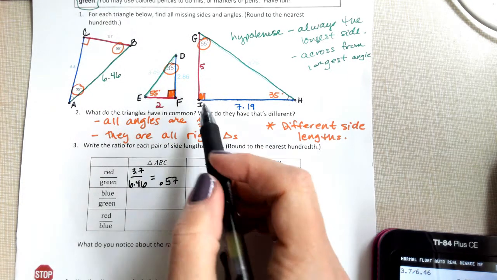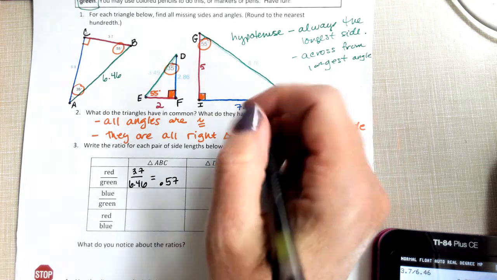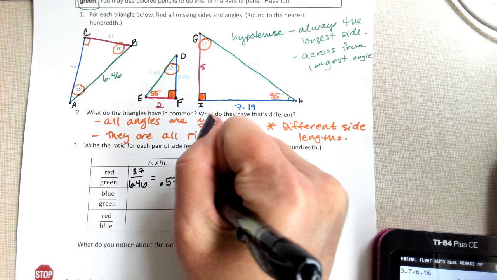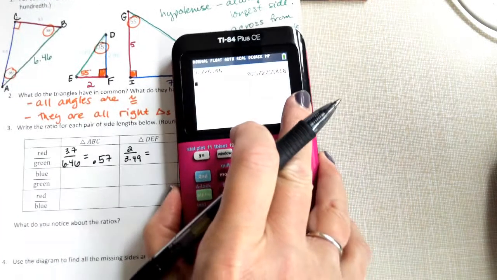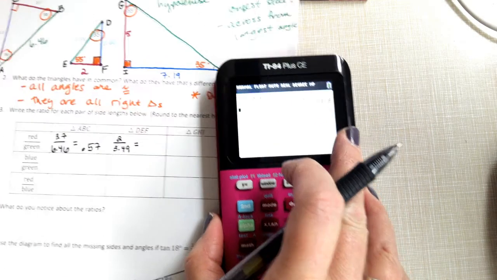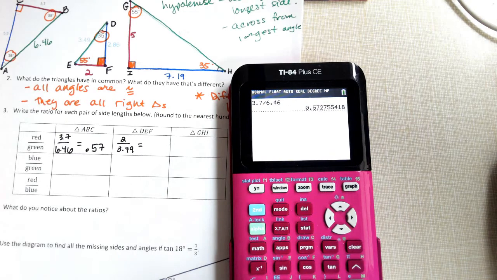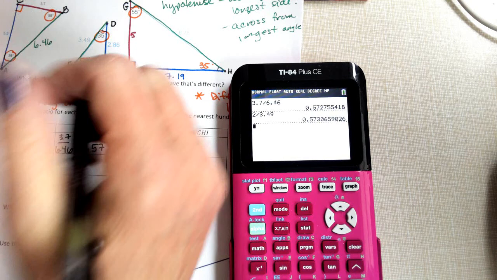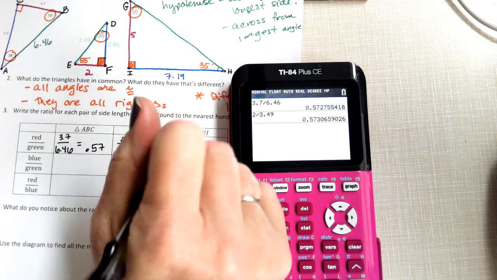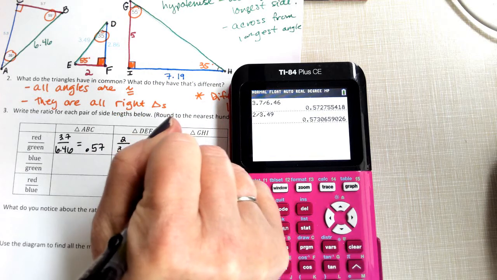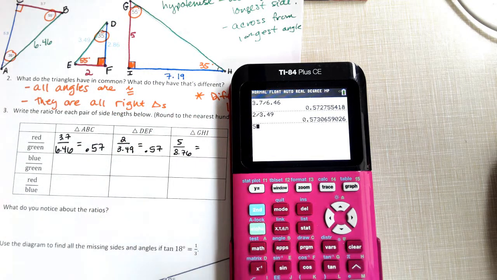DEF, red over green, is 2 over 3.49, which is 0.57. And in this third triangle, 5 divided by 8.76 is 0.57.